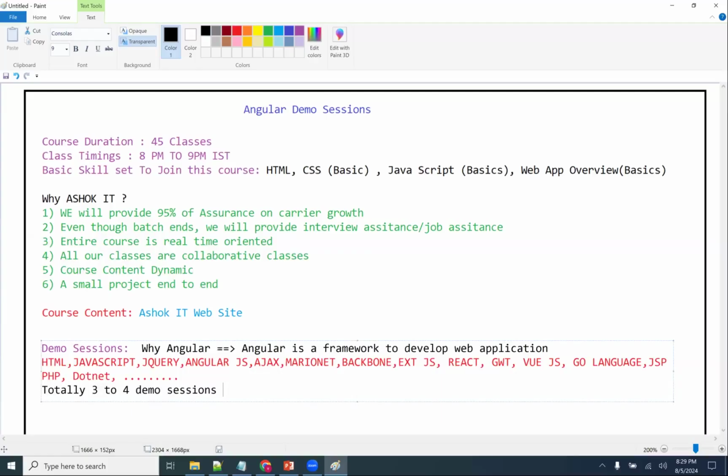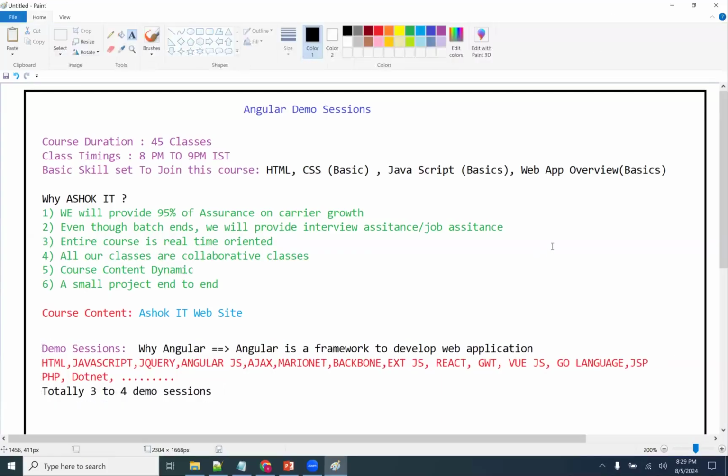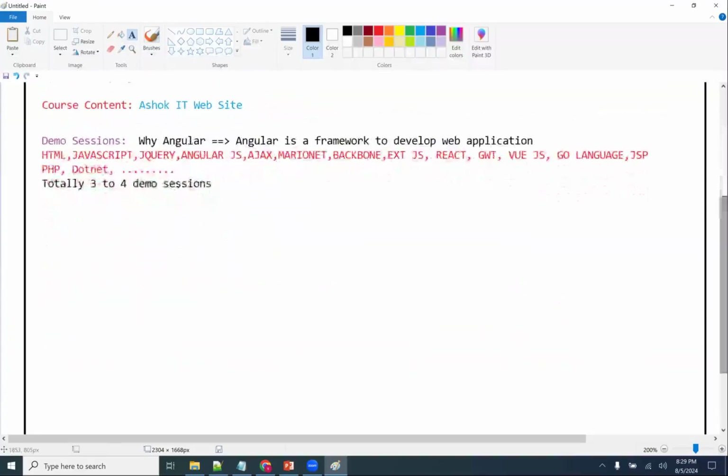Right. This is our basic idea about the course. Maximum things I covered: duration, timings, skill set, why Ashok IT, course content, and the demo sessions agenda. Right. So you people may have some questions, guys. Some of the questions I'll explain, and I want to hear from you as well.